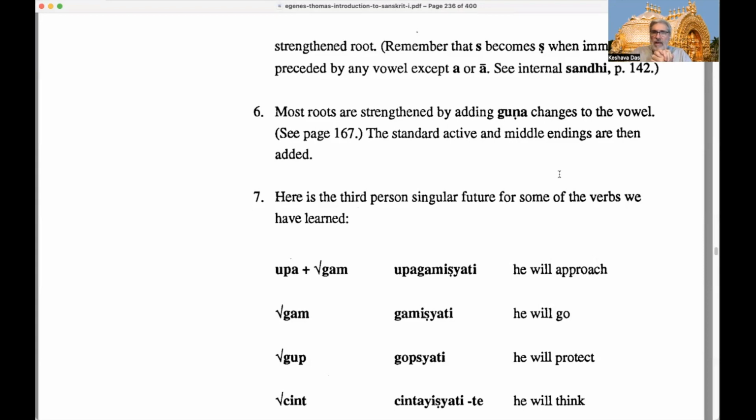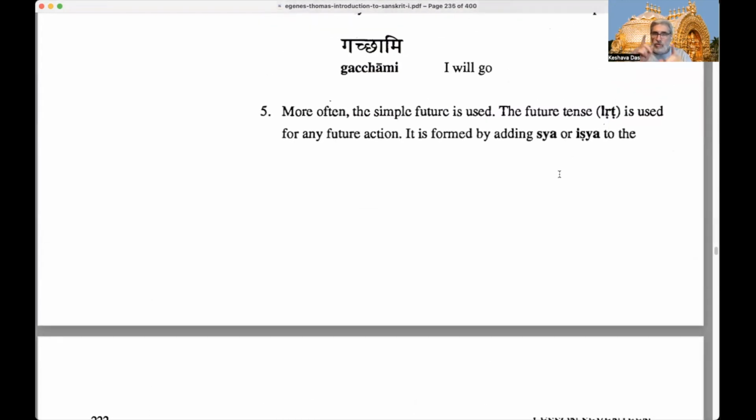So how do we make the future tense? Again, we take the root of the verb, the root, not the stem, which we would normally add endings to get the present tense, but the root. We strengthen that by guna strengthening. After we strengthen it, we add sya or ishya.